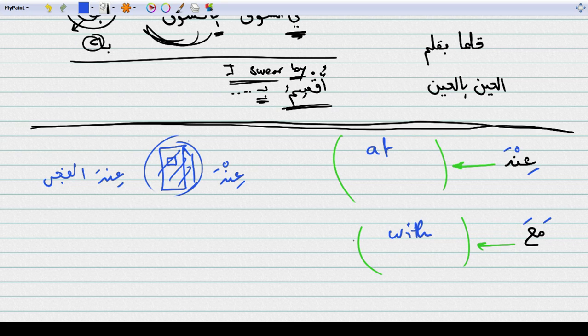Most of the time, 99%, it means with. So if I say I am with him, we're together, you say معه. Or if you're talking about a female, you say معها. And of course, you can extrapolate that to all the other pronouns. So مع الطالب, with the student.